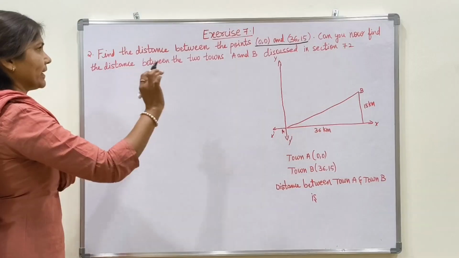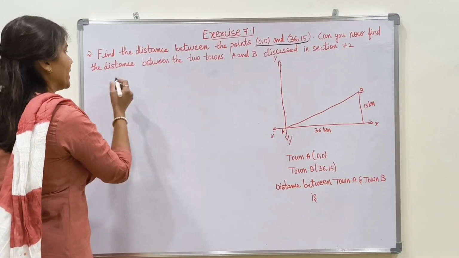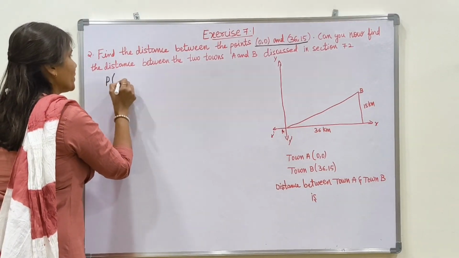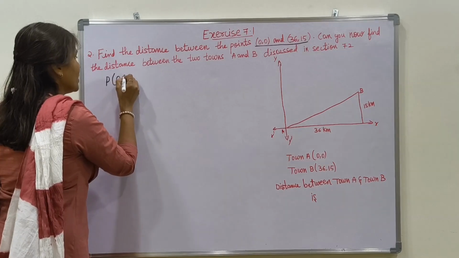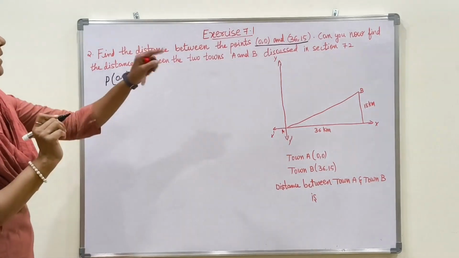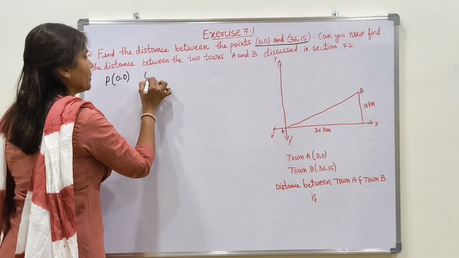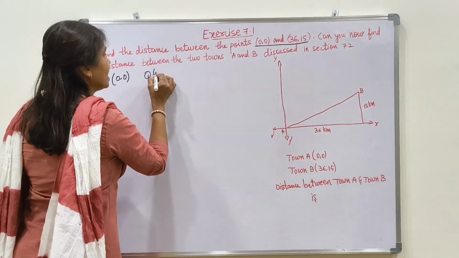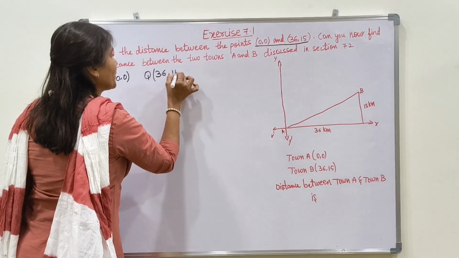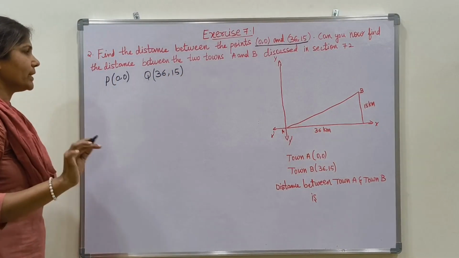That one we will discuss later. First see here, this one I am taking P. P coordinates are 0, 0. Next number I am taking Q. Q coordinates are 36, 15. So first we will find these two distance.